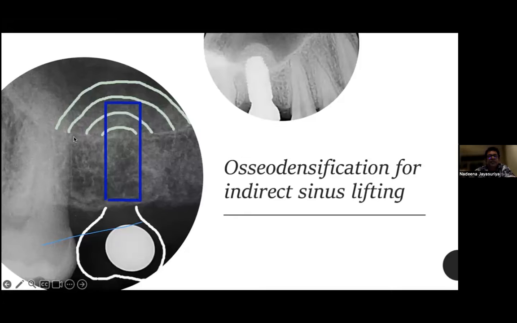Sinus lift means we have a certain height in the upper alveolus, but we want to increase it so that we want to put a bigger dental implant. So what we do then, we use osteodensification, which pushes the bone up, and that will make the bony area.